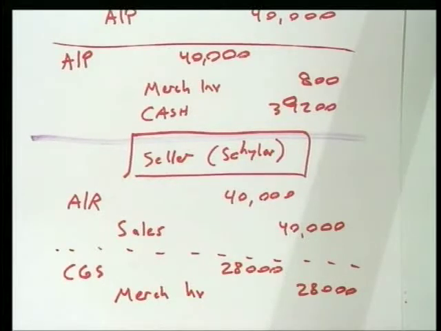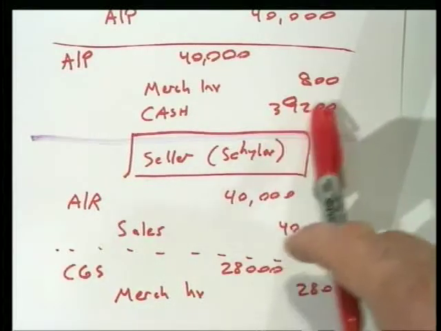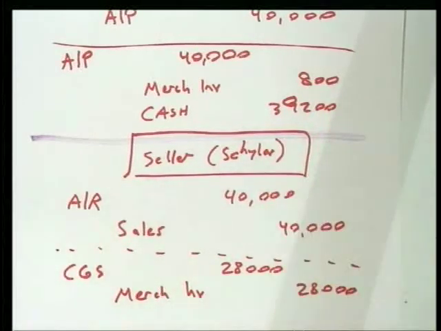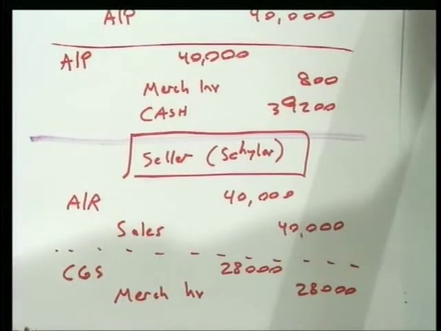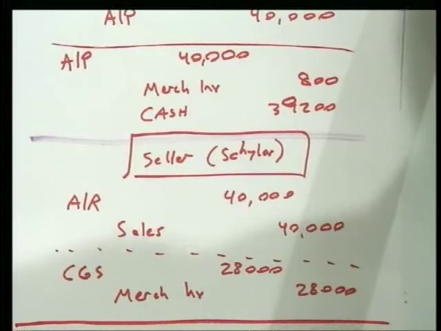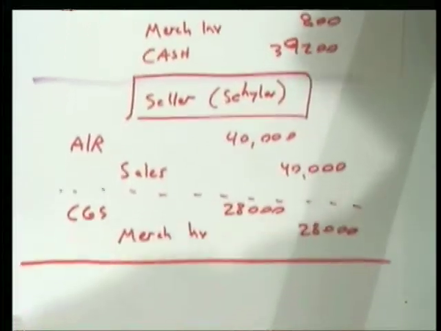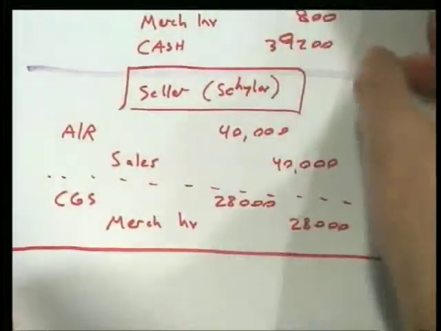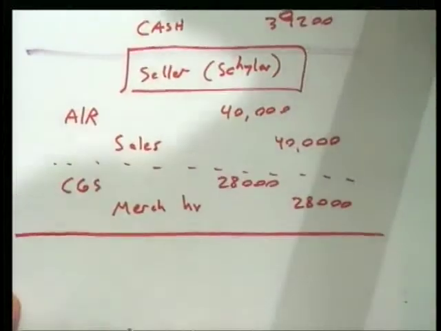Now, we know that Hopkins paid within the discount period, right? As a matter of fact, they sent a check up here for $39,200 to Schuyler, correct? So, when Schuyler opened up their mail, how much cash do you think was in that envelope? $39,200. Okay?